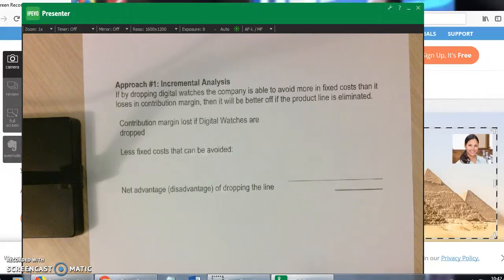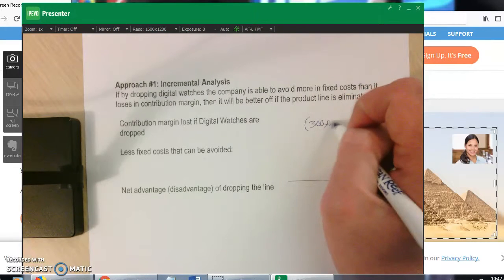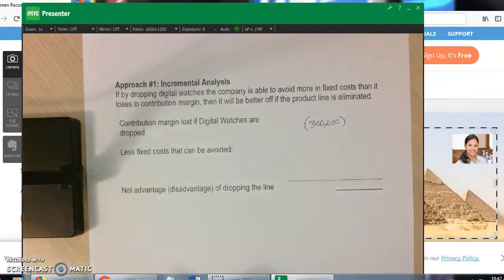So if you look back on that prior page, you would see that we have $300,000 in contribution margin. That's the sales minus our variable costs. If we drop the product line, we will not have any sales for these digital watches. We will no longer have any shipping costs or any other variable costs because we no longer make it. So that means we're going to lose $300,000 worth in contribution margin.